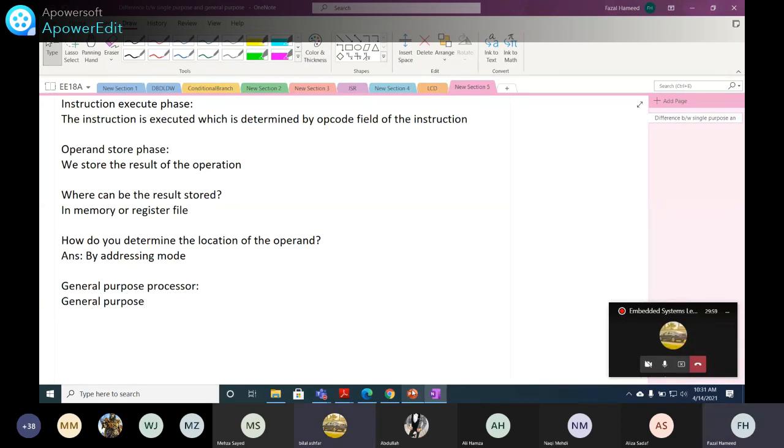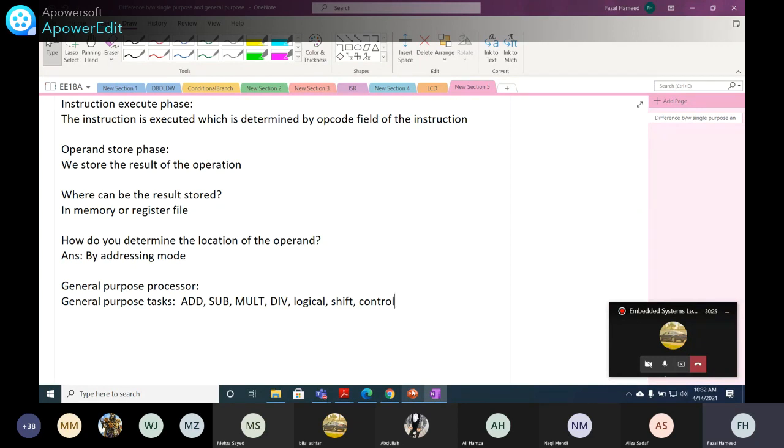My general-purpose tasks are very simple, like add, subtract, logical instruction, shift instruction. Broadly, instructions can be categorized into arithmetic and logical operation instructions, shift operations, and control operations.